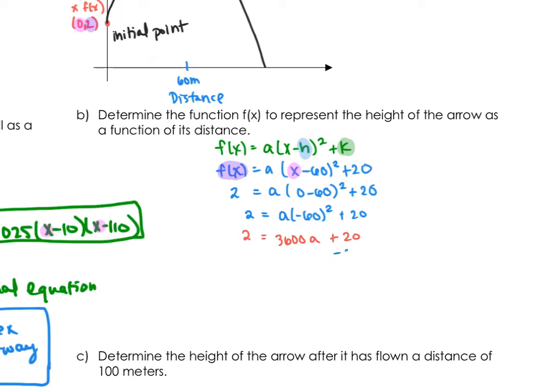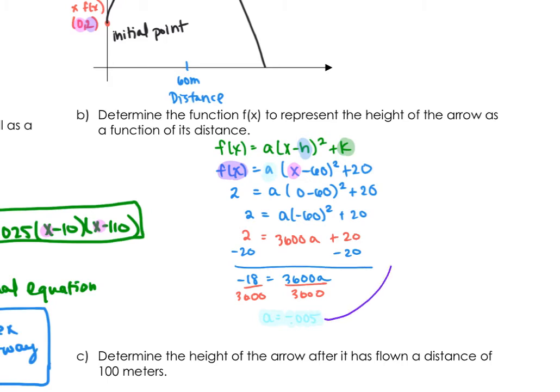And then we solve. Subtract 20 from both sides. So this is negative 18. And then to get a by itself, divide both sides by 3600. So we get a is negative 0.005. Once you've solved for a, we basically just need to take that and plug that back in for a up here.